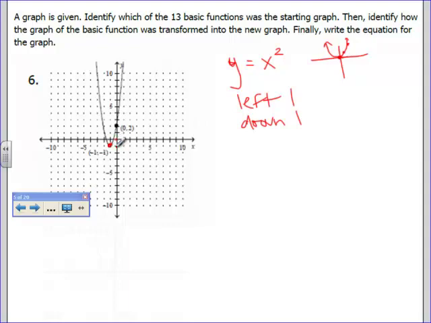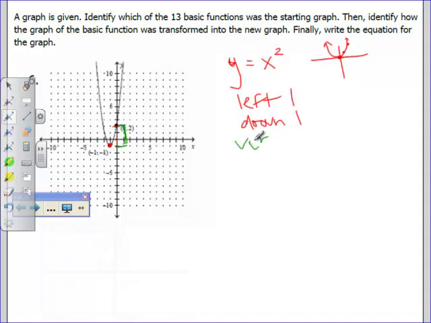It goes over 1, up 3. So I have changed from that smaller piece to this larger piece. So my vertical stretch, instead of being times 1, is now 3 times larger than what it had been. So a vertical stretch times 3.